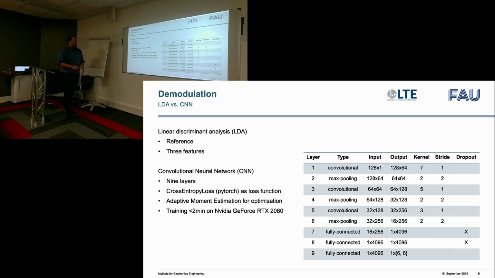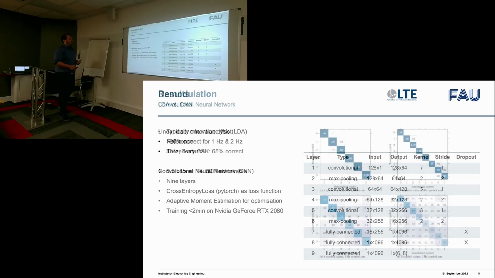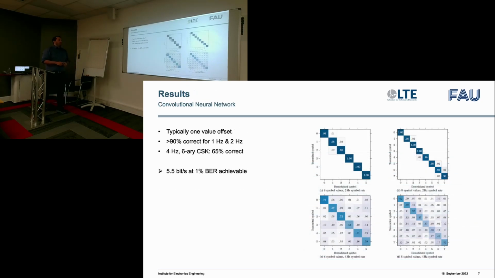In total, with this setup, training takes less than 2 minutes on a normal graphics card, which you would use for deep learning approaches. So, simple setup, quick to learn, easy to work with.